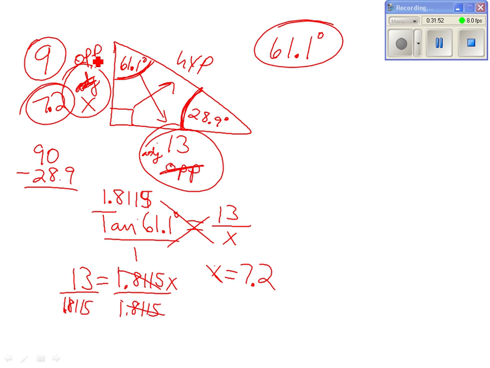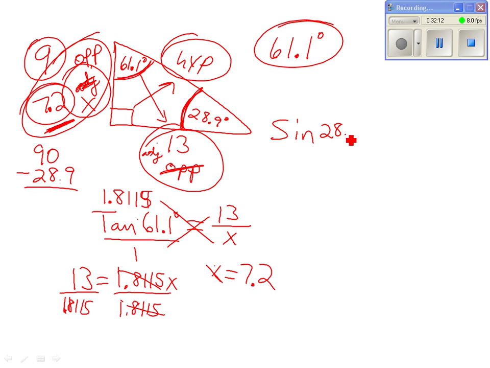7.2. See, Brian's got to try to pick the hardest one, because I would have picked the 13 because it's a whole number. Which trig ratio deals with opposite and hypotenuse? So we do sine of our angle, 28.9, equals what over what?